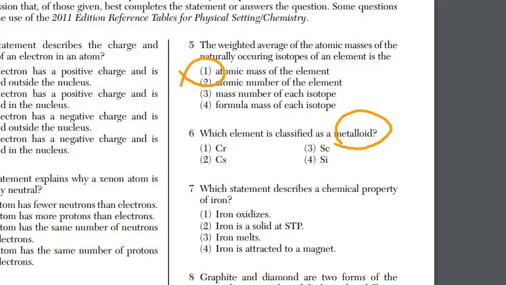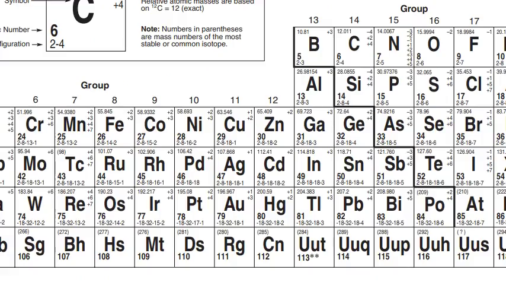The metalloids, also known as semimetals, are the 4 elements on what I call the staircase: boron, silicon, arsenic, tellurium, and 2 below, germanium and antimony. So you should know they're around or on the staircase, and the 2 below.